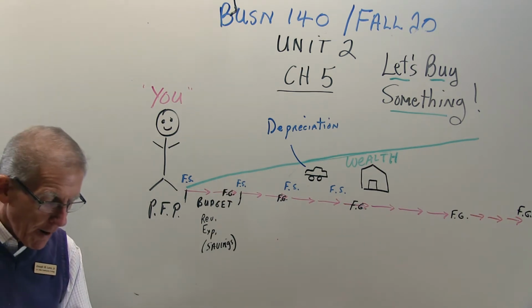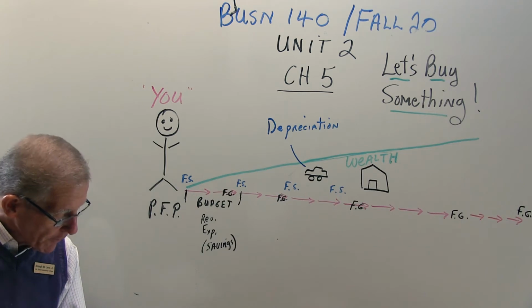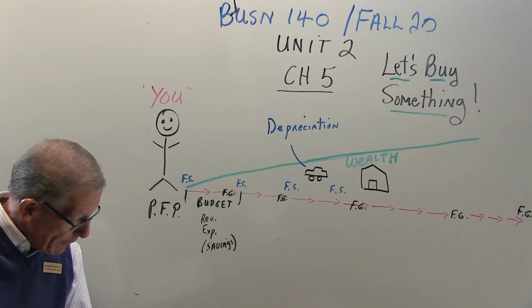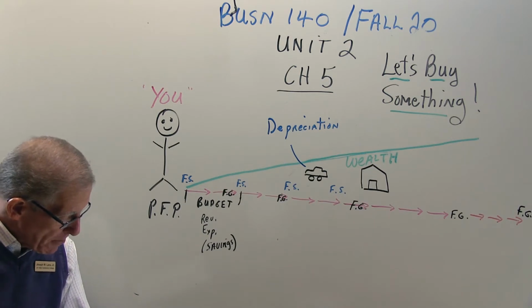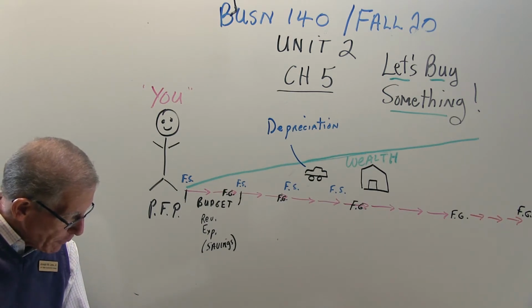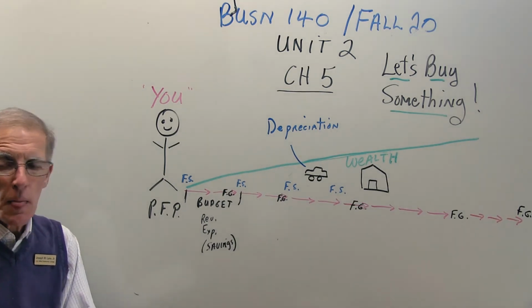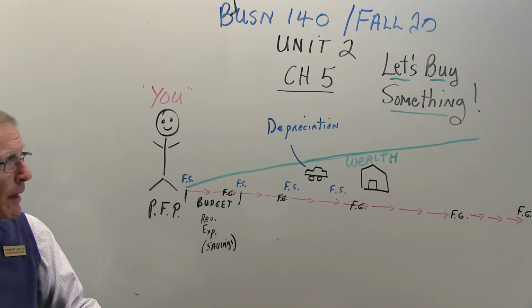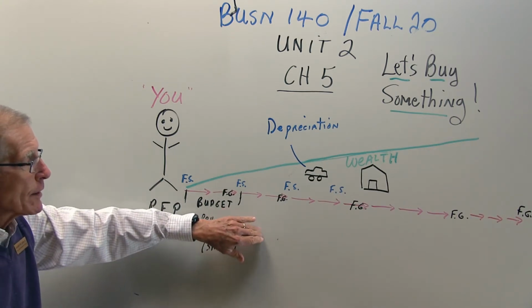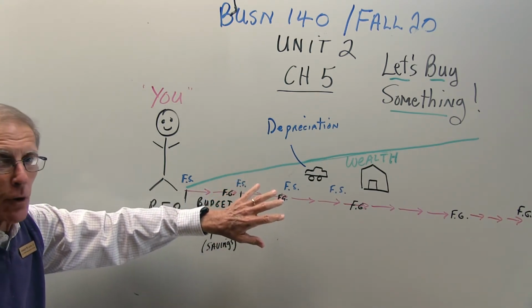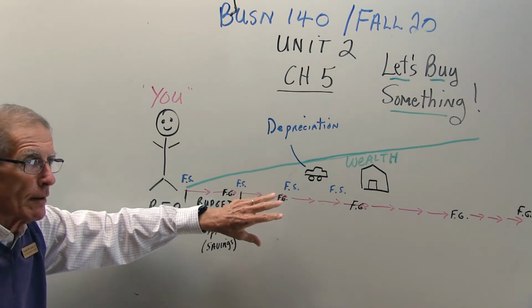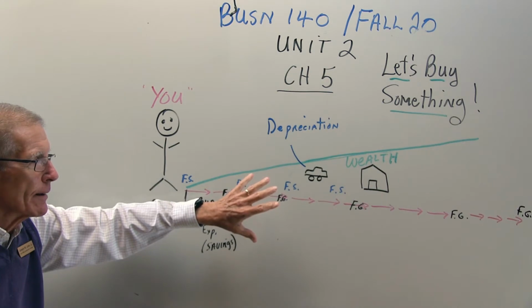I think the way our author puts it in here, the loss of the value of an asset, such as an automobile, that occurs over the period of ownership. It's the difference between the price initially paid and the subsequent sales price. So I want you to know what depreciation is, because when you buy a vehicle, that's going to increase your wealth, because you're going to have purchased an asset.